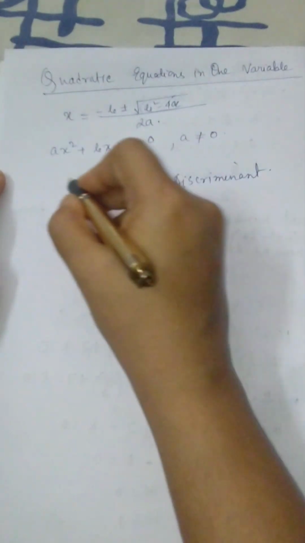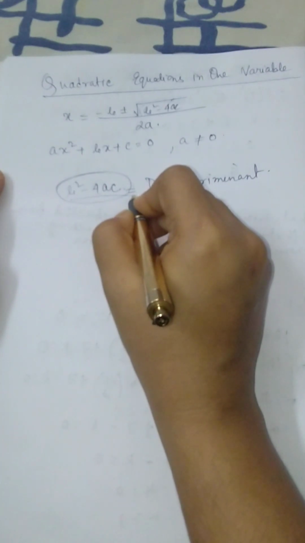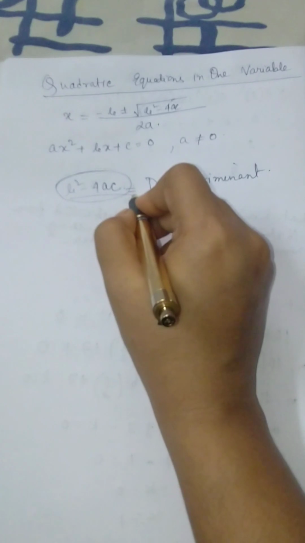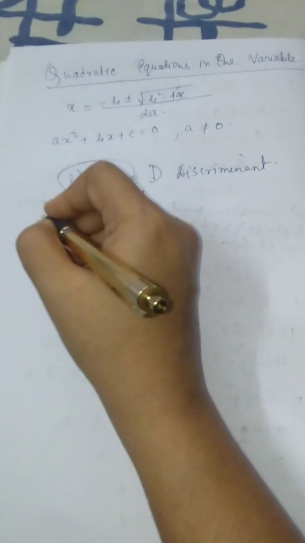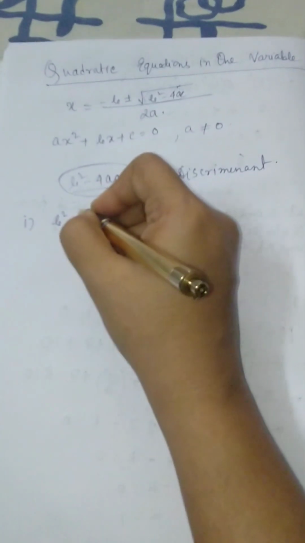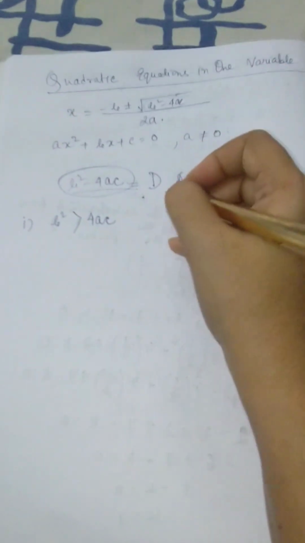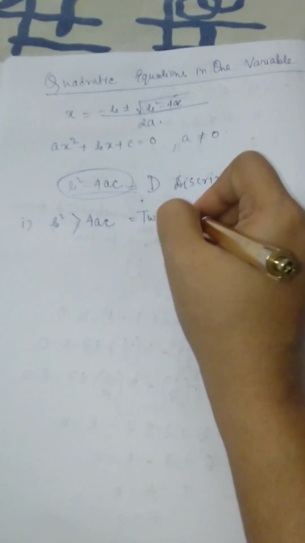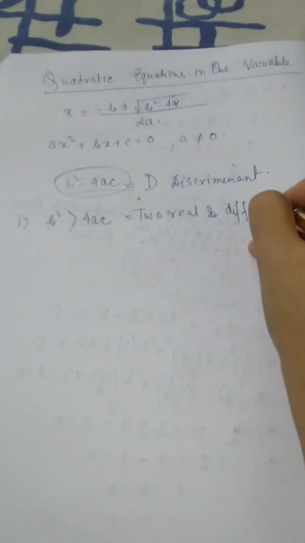So depending upon the value or nature of b square minus 4ac, the roots are mainly of three types, right? What are those? If b square is greater than 4ac, then there will be two real and different roots.